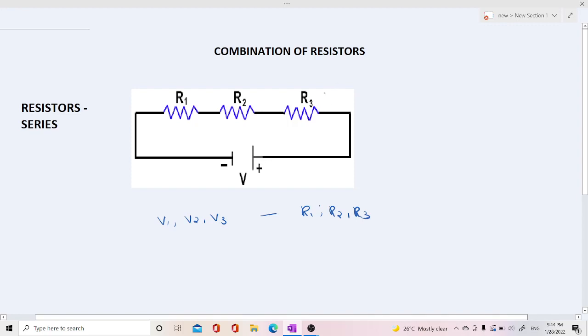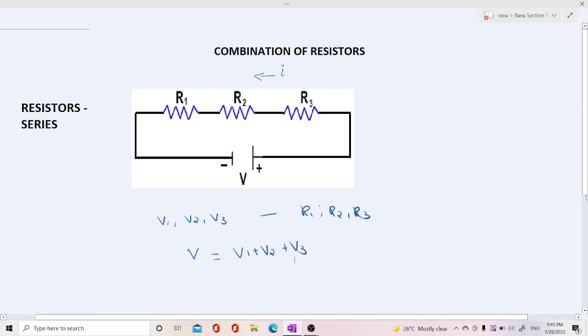Therefore, you can see the direction of current is like this here, I, and the I is distributed through this total resistance, and here V1, V2 and V3. And we can write this potential difference V is V1 plus V2 plus V3.